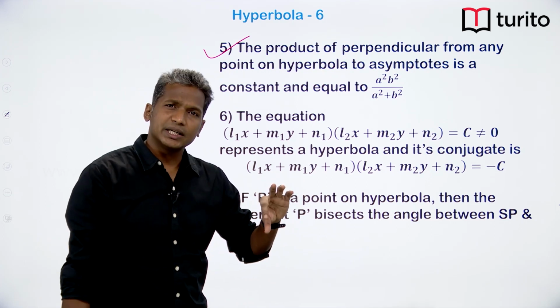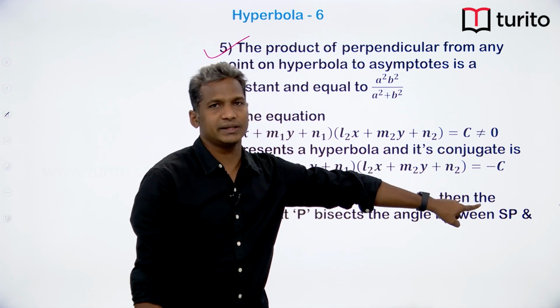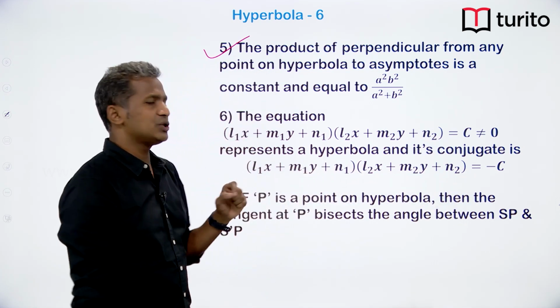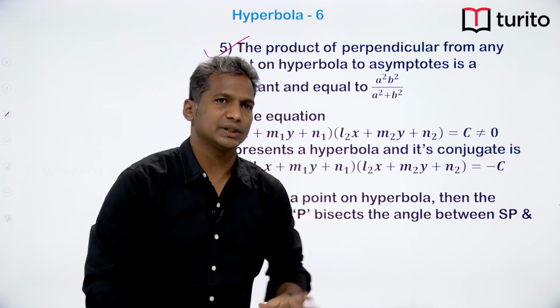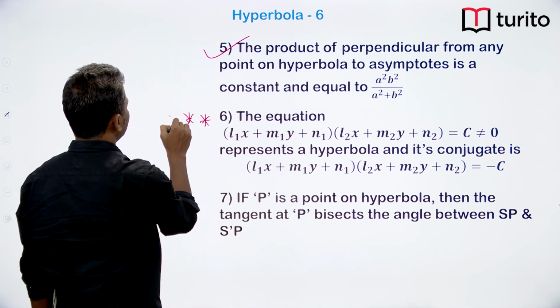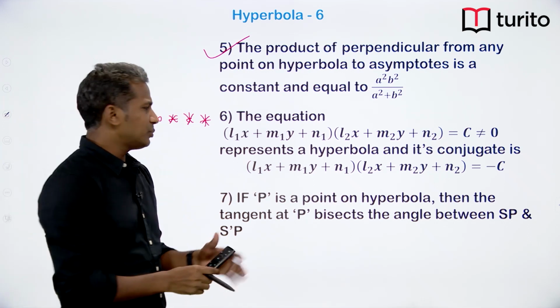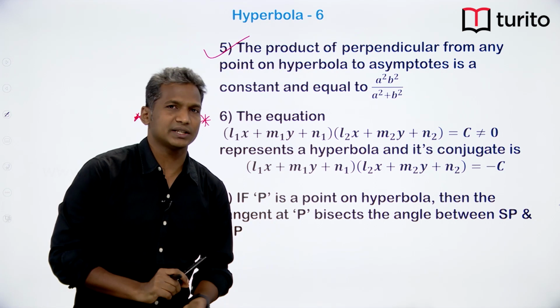Now if you are interested in the conjugate, then you just have to reverse that c to minus c. This is the main idea based on which we can solve many questions. So I would say that this is a 5-star property. It is a very important property, definitely a 5-star property.